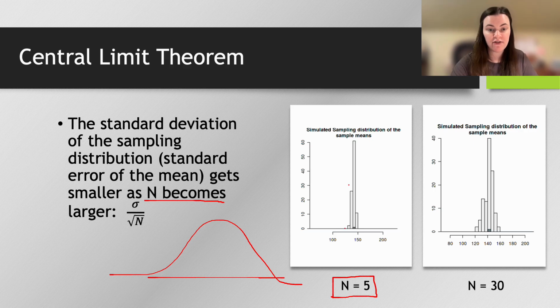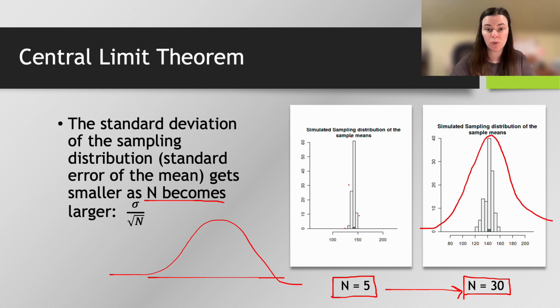We're only looking at 5 here total, whereas if we increase our sample size of our sampling distribution to 30, we start to resemble more of this bell-shaped curve that is our normal distribution, in which we know that the mean, median, and mode values are all at that center point. And that's where we can establish our mu, or our population mean or average.